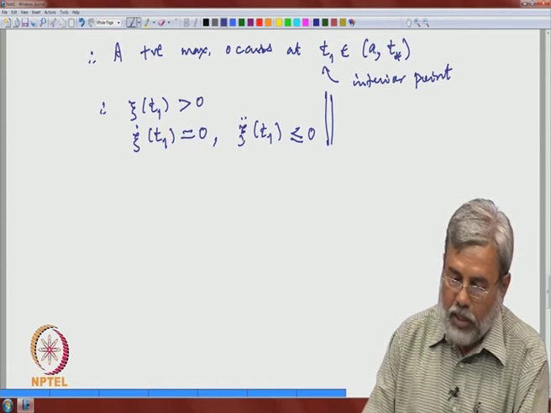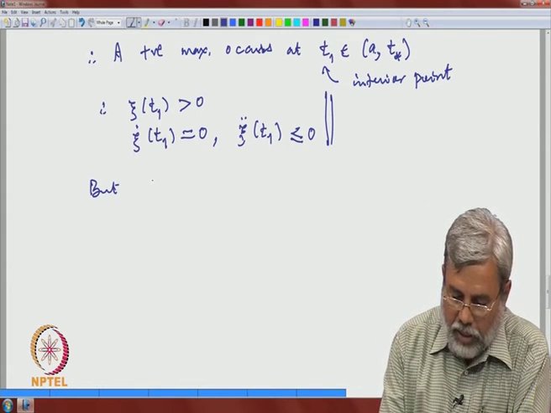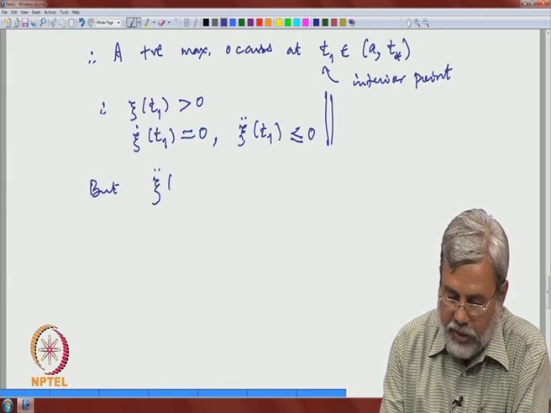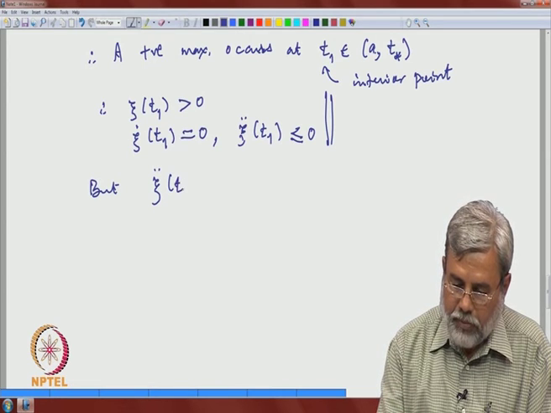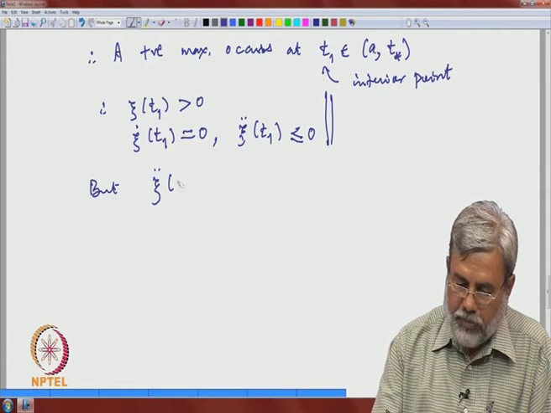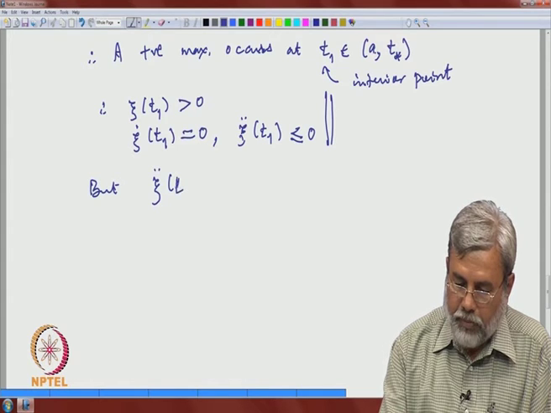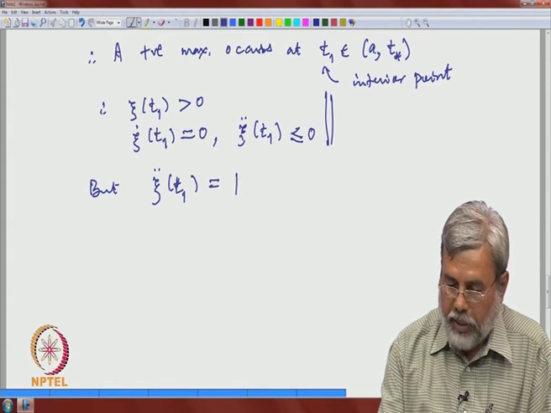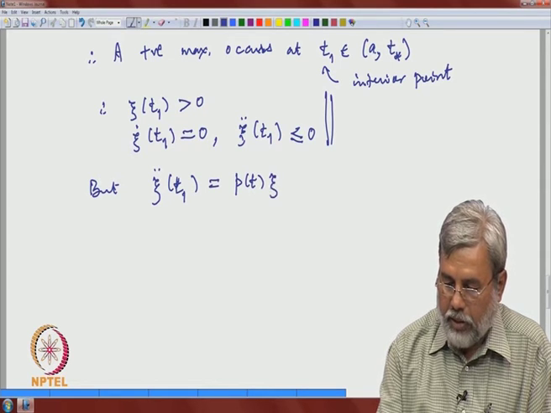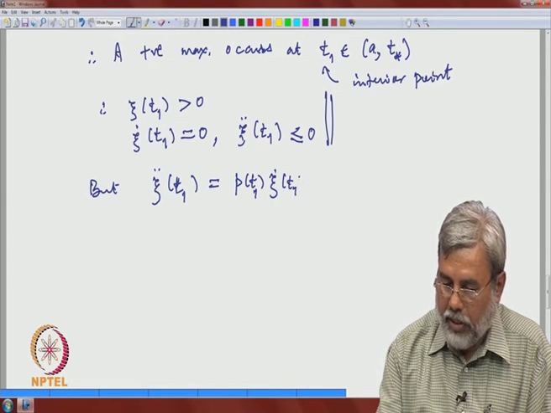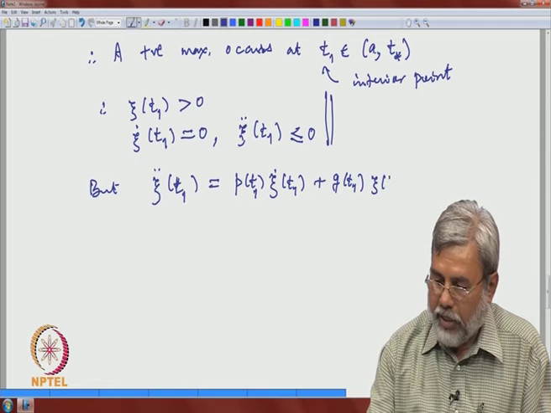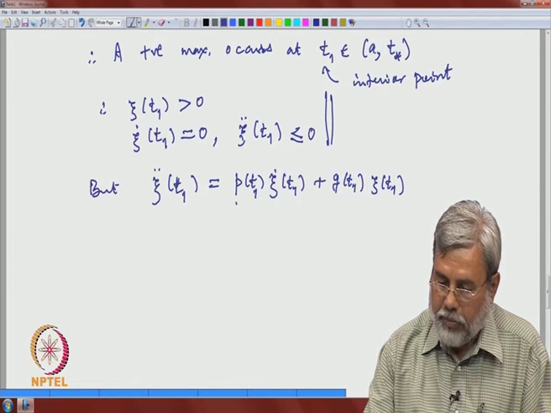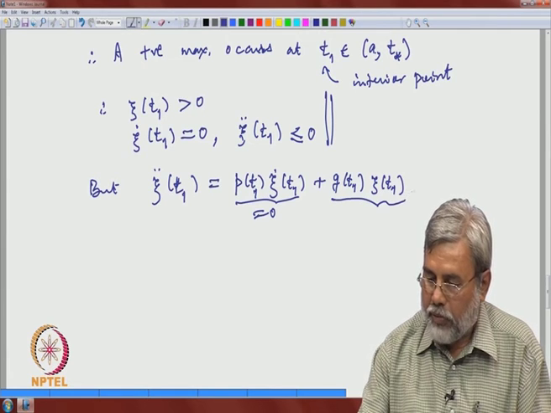But again you go back to the equation, the variation equation. So, J double dot T1 is equal to P(T1) J dot T1 plus Q(T1) J(T1), and again this is 0 and this is positive.